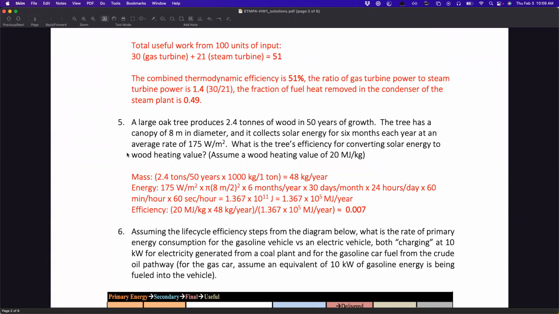So here we say there's 2.4 tons. In this particular case, this is two sig figs, this only has one sig fig. If I wanted to have this answer at the same level of precision as these other ones, I might say 8.0 meters, right? But let's assume that's plus or minus 1, as we were saying.